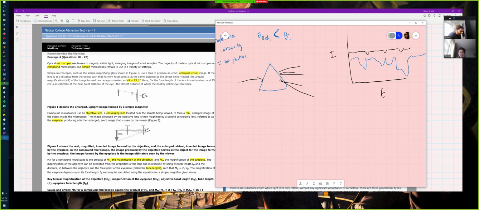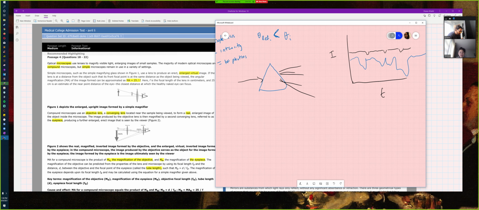Obviously I don't have photographic memory, but let me see. I know it's like SUV: smaller, upright, virtual for diverging. Then for converging: tiny, inverted, real; smaller, inverted, real; same size, inverted, real; no image; and then larger, upright, virtual.